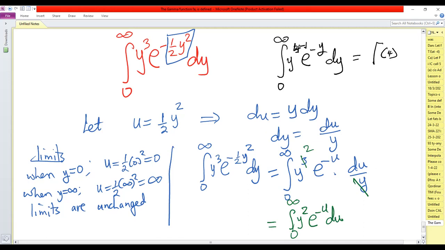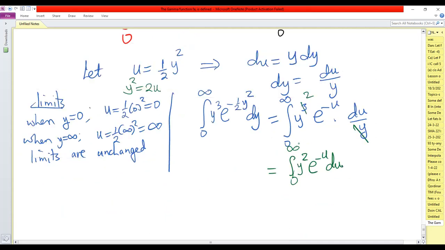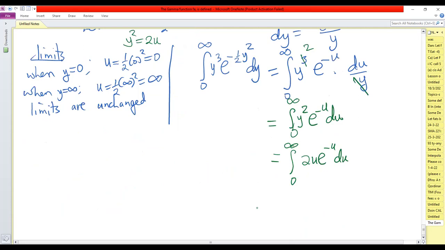But from here, we also have y squared equals 2u. So where we have y squared, we can comfortably replace it by 2u. So this will be the integral from 0 to infinity of 2u e raised power negative u du. 2 is a constant, so pull it out: 2 times the integral from 0 to infinity of u power 1, e raised power negative u, du.